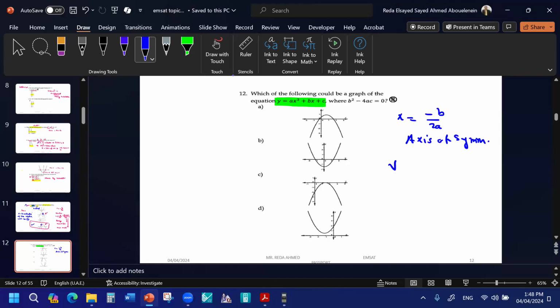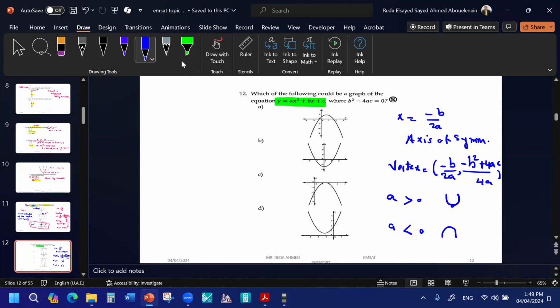I know the vertex will be negative b over 2a and negative b squared plus 4ac divided by 4a. And if a is greater than 0, it will open upward, and if a is less than 0, it will open downward.